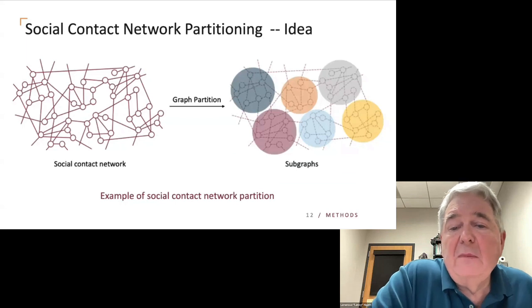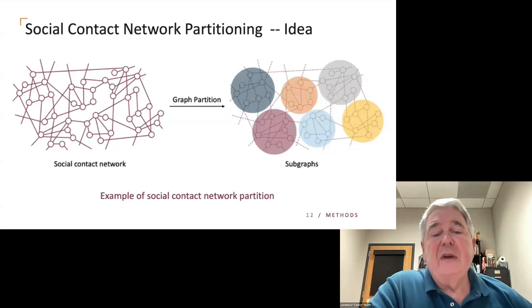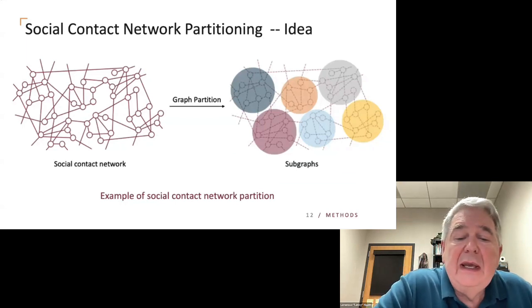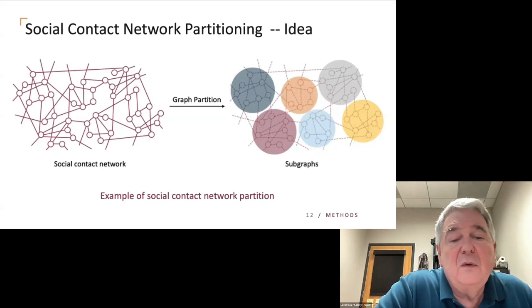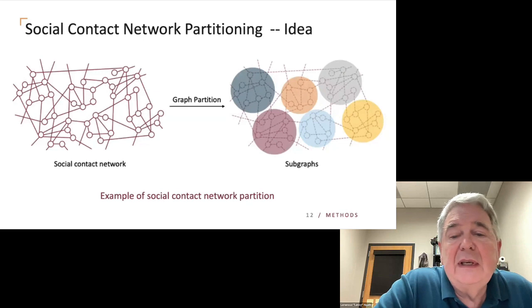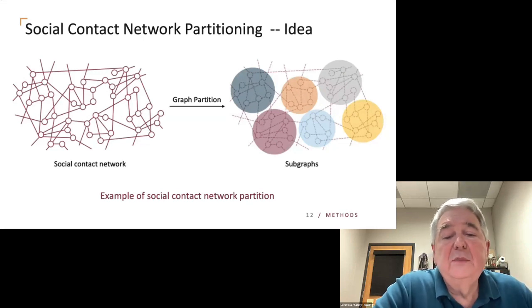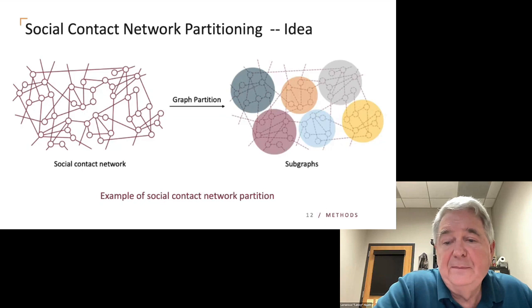So the first problem that we have to tackle is graph partitioning. The idea is we're given a social contact network, as we see on the left, and we want to partition it into subgraphs where the number of nodes in each subgraph is limited by the testing capacity.